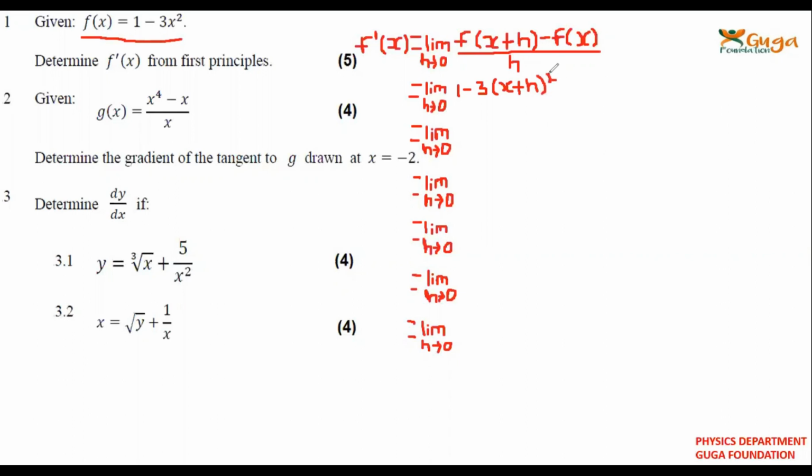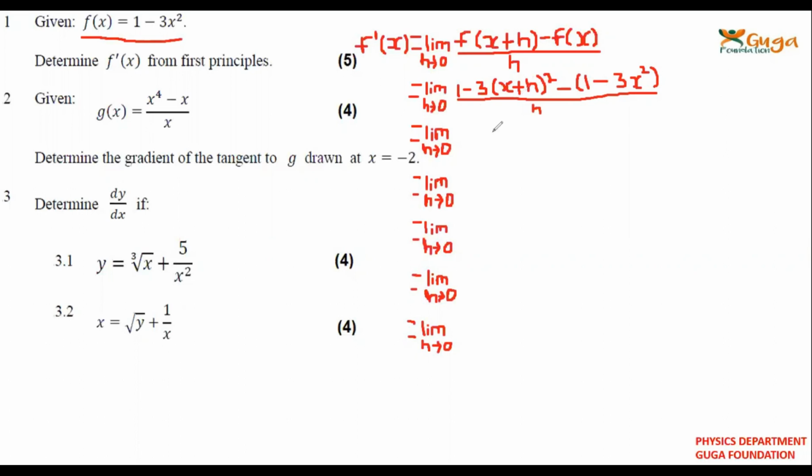Okay, this is squared, minus f of x, just take it as it is, don't forget the bracket this side, so it will be 1 minus 3x squared, all over h.